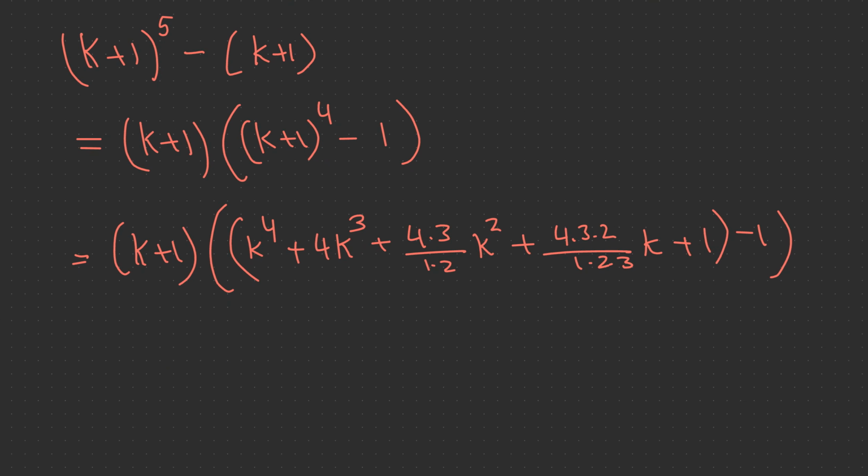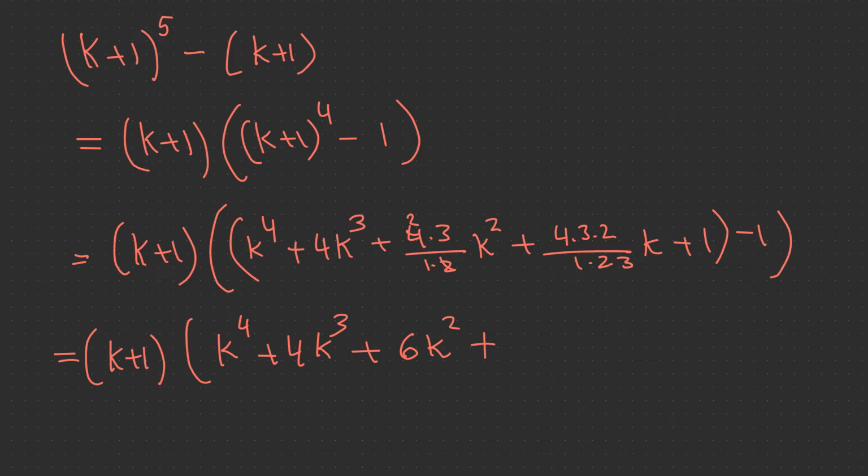So then I can write this is equal to k plus 1 times, so k to the power 4 plus 4k cube plus 6k square plus 4k, because this would cancel out, plus 1 and minus 1.